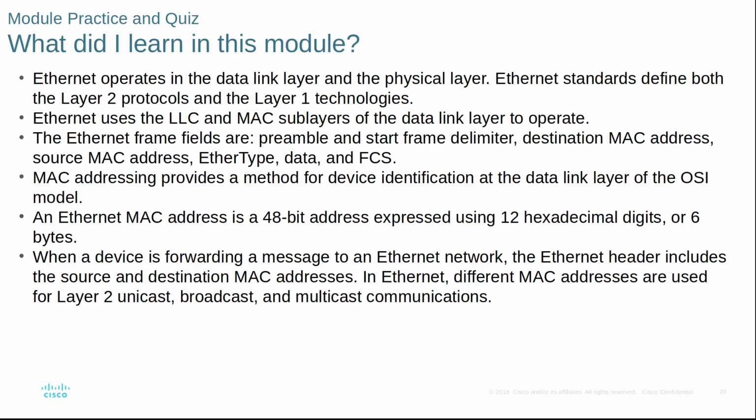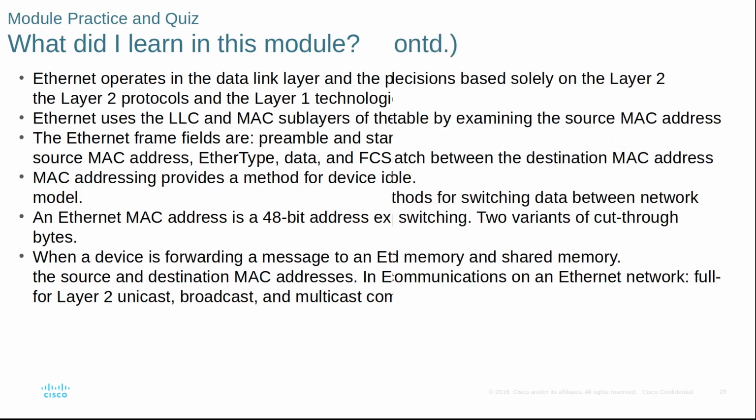MAC addressing is a 48-bit value that's expressed as 12 hexadecimal digits, which is 6 bytes. When a device forwards a message on the Ethernet, the header includes the source and destination MAC address, and these are going to be different than the ones we look at in lower layers or upper layers.